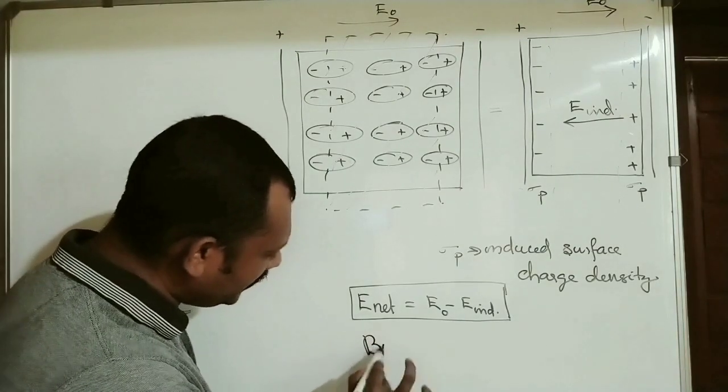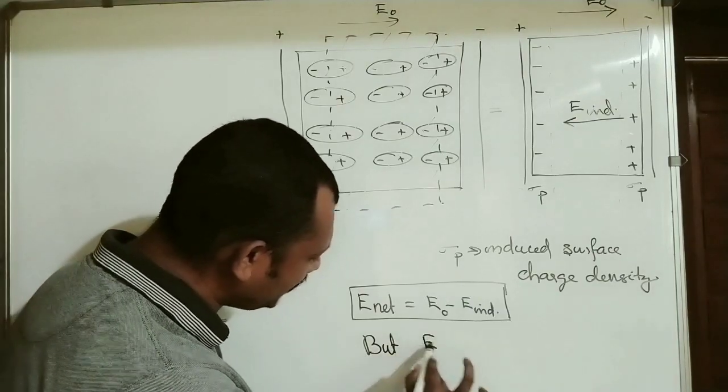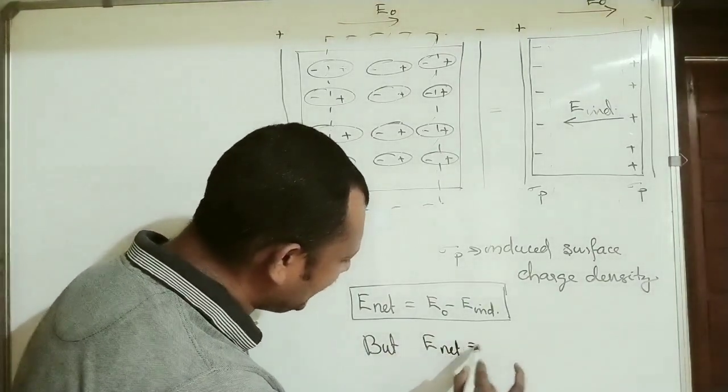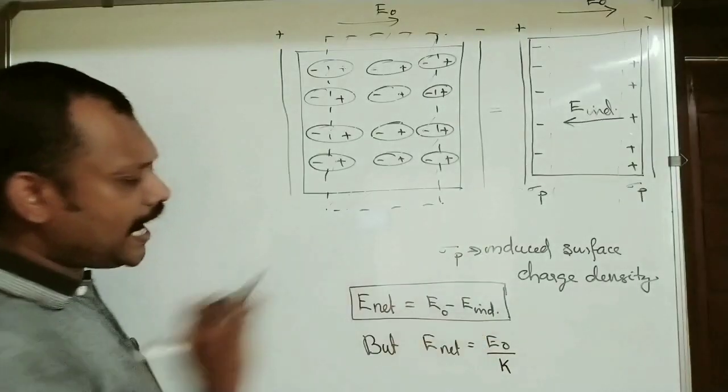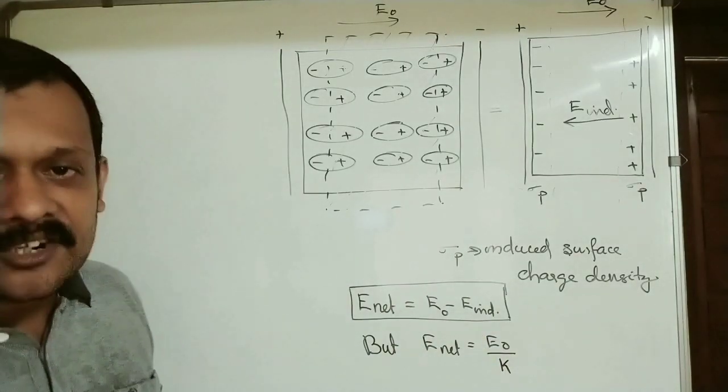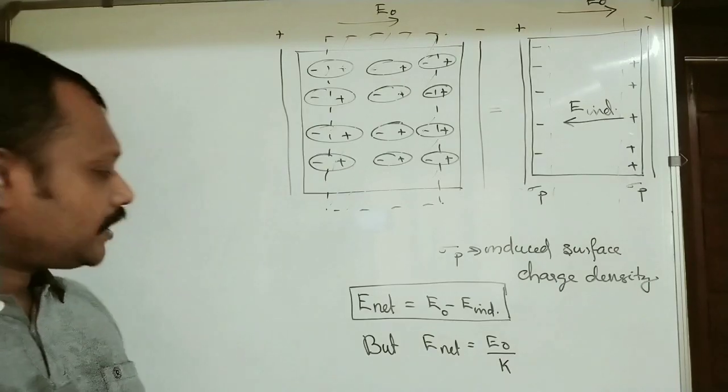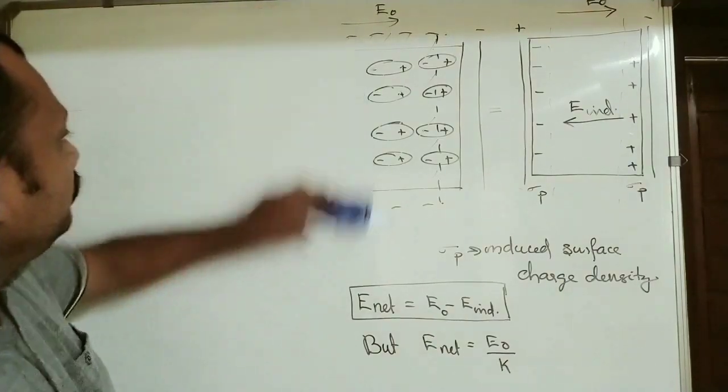But we have already learned that the net field inside a dielectric is E0 divided by K, where K is called the dielectric constant.